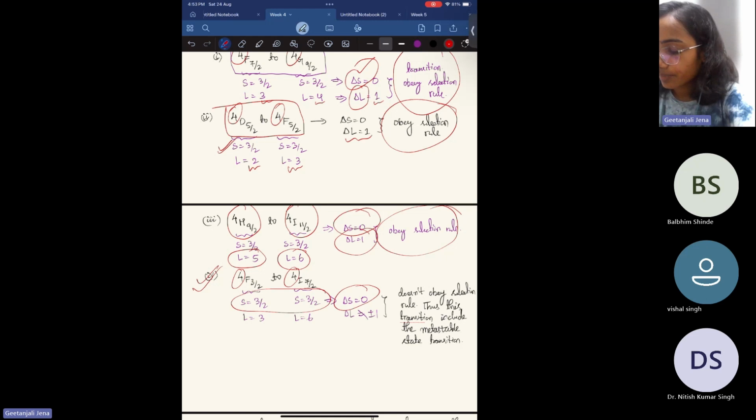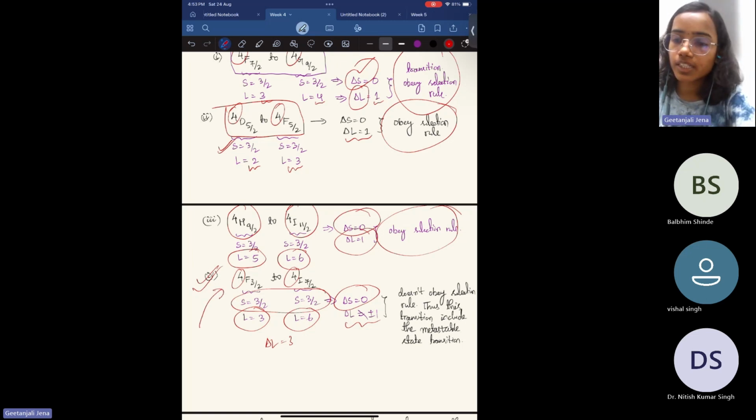For L, for F, L is 3, and for I, L is 6. So here delta L is 3, not 0 or plus or minus 1. So this transition does not follow the selection rule. That means you can tell this transition includes a metastable state.